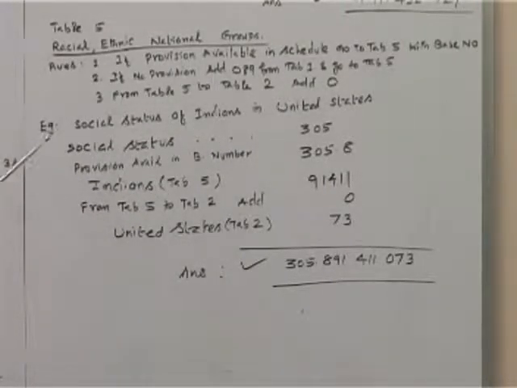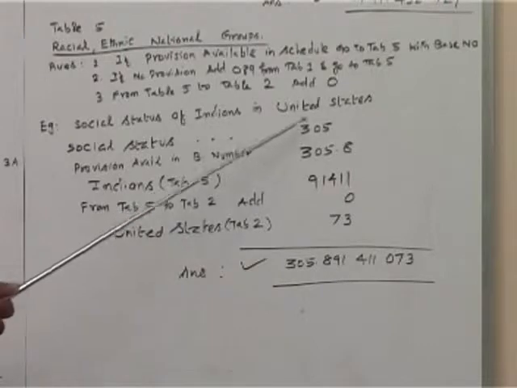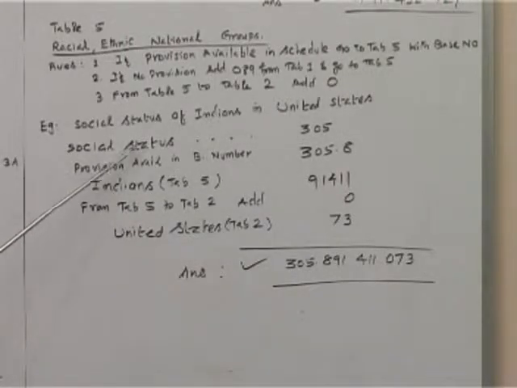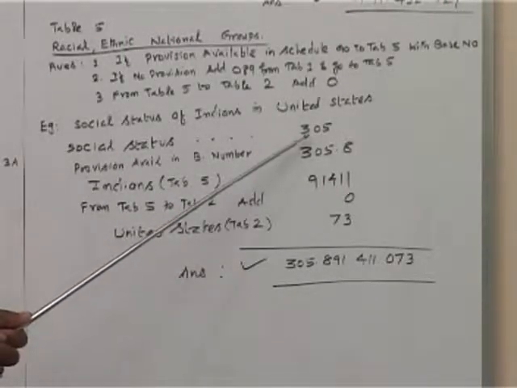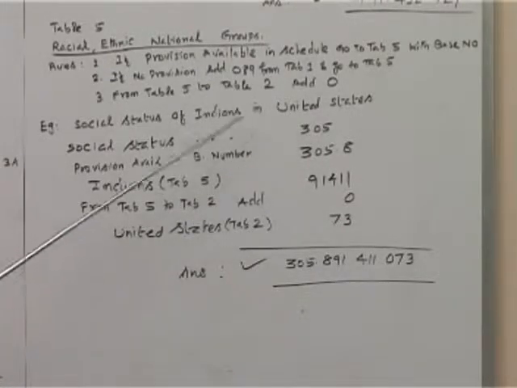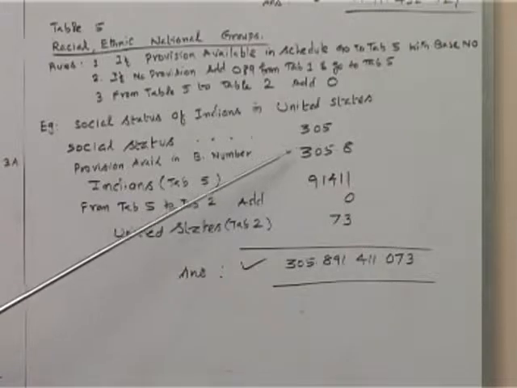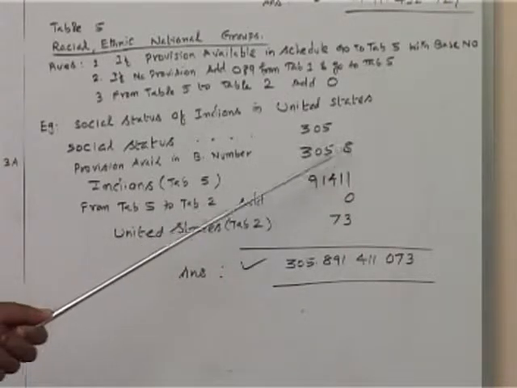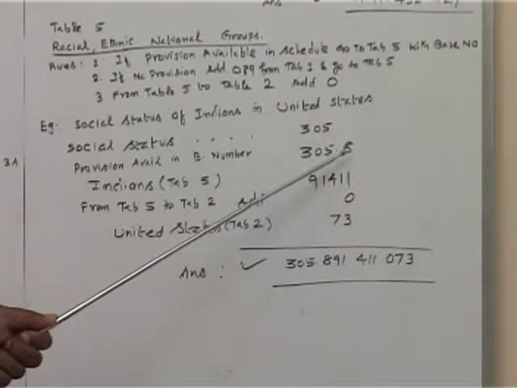Let me explain with an example: social status of Indians in United States. Social status is the subject. There you can enter 305 in the schedule for social status. But to go to table 5, the provision is available only with the base number 305.8. In 305.8, you can find the base number to go to table 5.